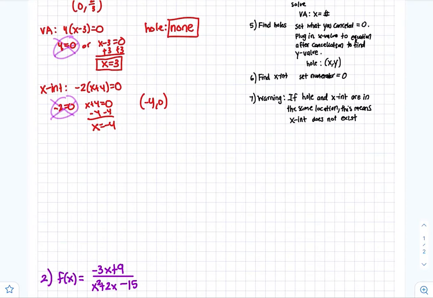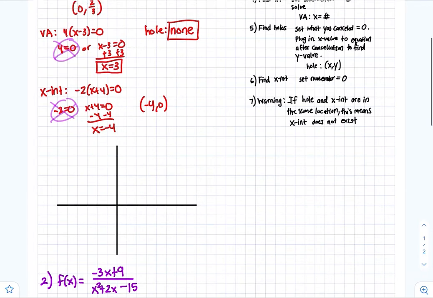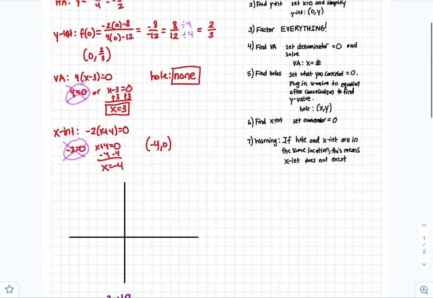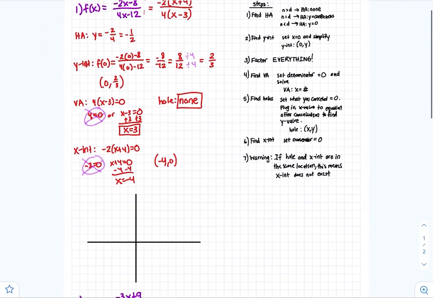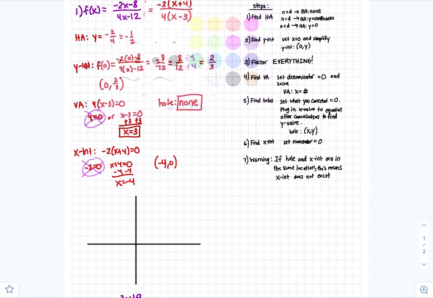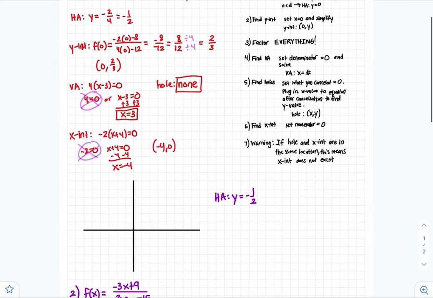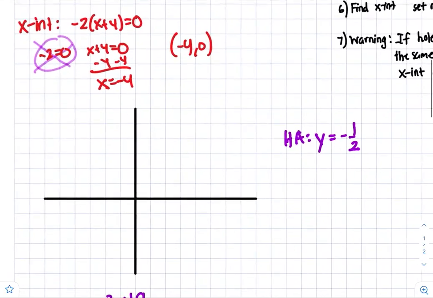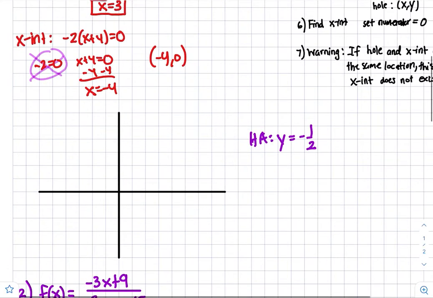Now we can graph, and this is how you are going to graph this. The horizontal asymptote was y is equal to -1/2. So -1/2 is like -0.5, which is right here.